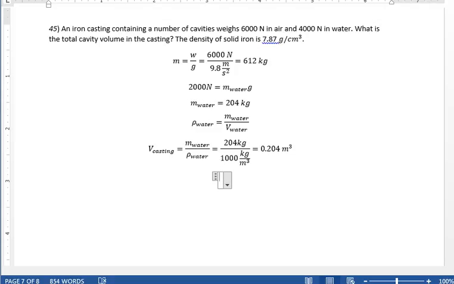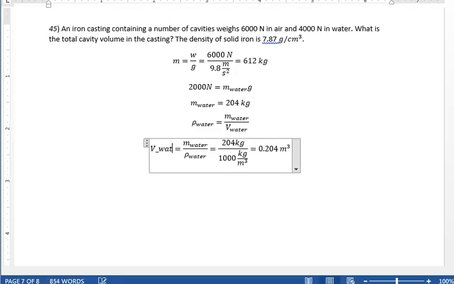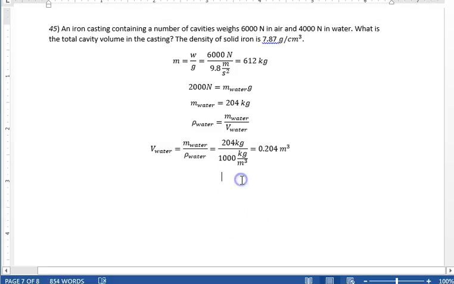Let me rephrase this. I'm going to put this as the volume of the water displaced, and the volume of the casting is the actual volume, excluding the cavity.